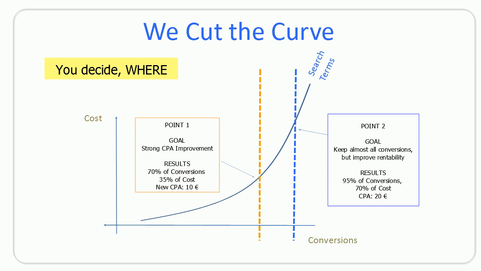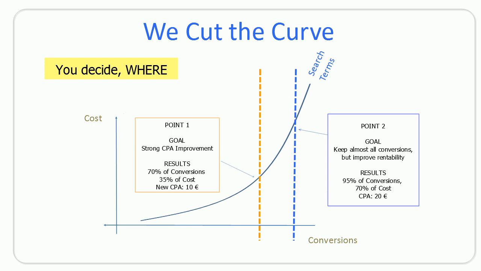And here in this chart you see 2 examples. The first is point 1. This means cutting 30% of the conversions, so the company has just 70% of the conversions that it had before, but has only 35% of the cost that it had before.